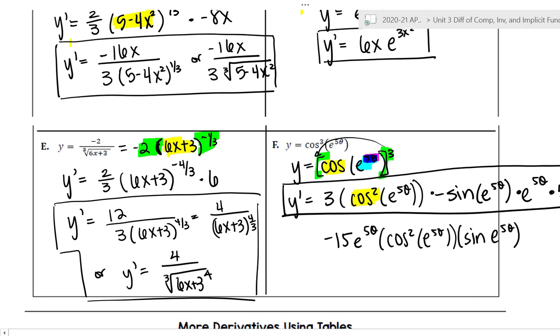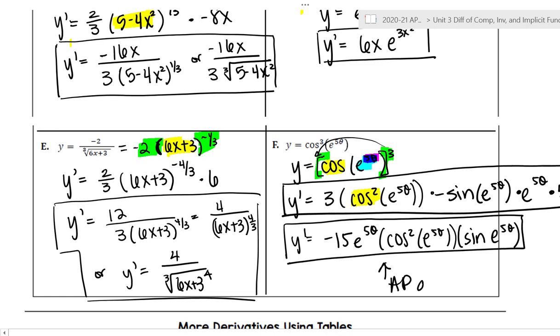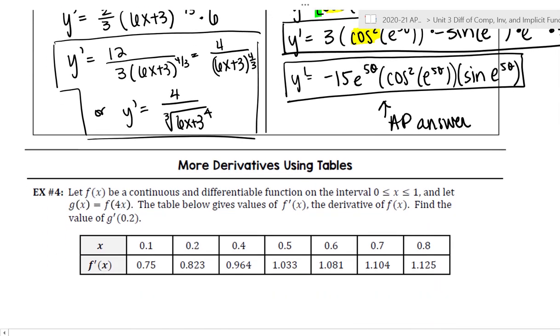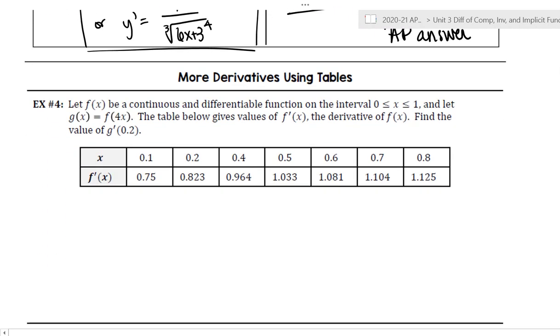And all I did was simplify because I took that negative 1 in front of the sine, and I just combined all of that. So this would be more of your AP answer. However, this is totally okay for FRQ, or short answer. It's an equivalent form.